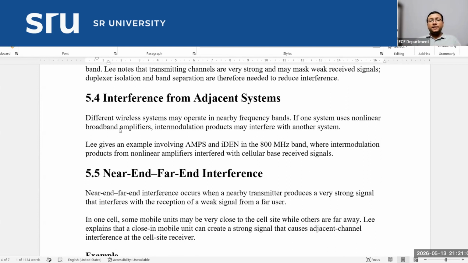These types of interference are called interference from adjacent systems. Okay. So suppose the police use some frequency for their walkie-talkie. If this frequency interferes with telecom services, then this is an example of interference from adjacent systems. Okay.